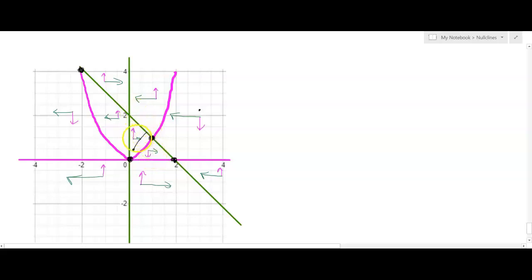That's an x nullcline, which means you see there's a rightward pointing arrow to the left of it, and a left pointing arrow to the right of it, which means the only way to pass through this is to go straight up into this region. And we already know what's going to happen here. That point's going to go off either to infinity like that, or off to infinity like that. And so all those points are just going to have an infinitely growing y component.